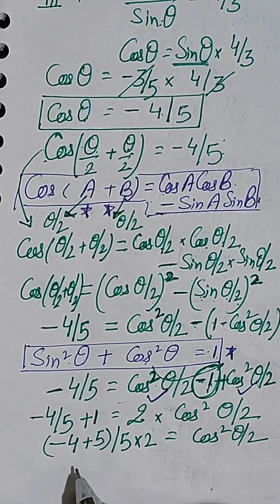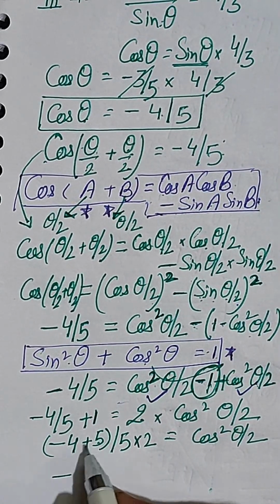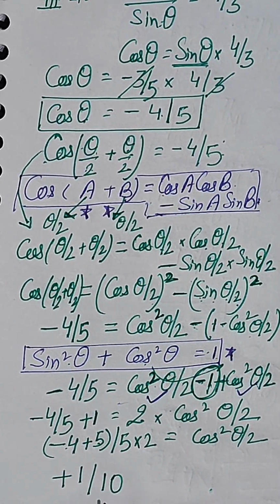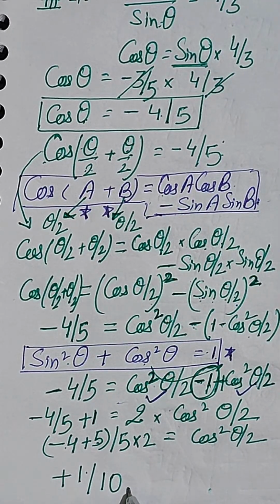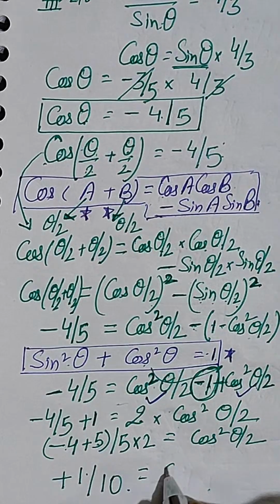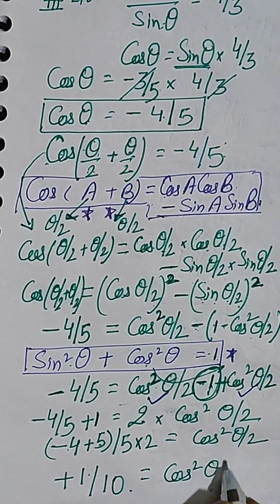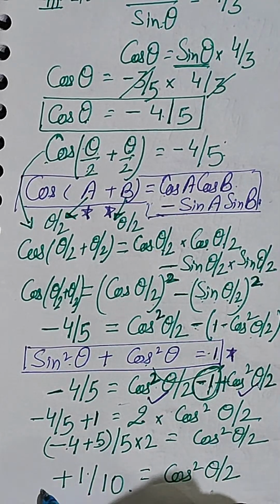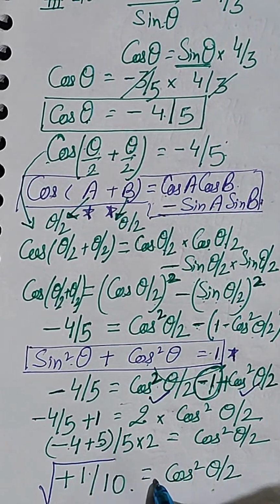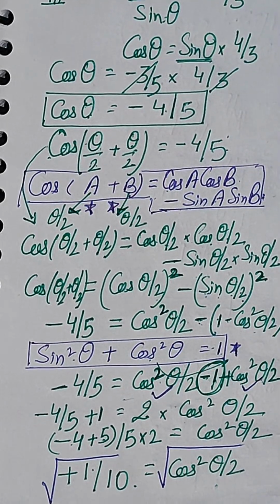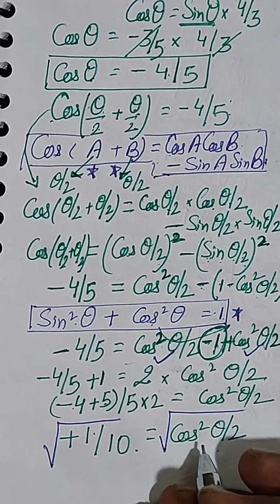This will give you minus 4 plus 5 is 1, so this will be 1 by 10, 1 by 10 as the value of cos square theta by 2, and when you take the square root you will get the value of cos theta by 2.